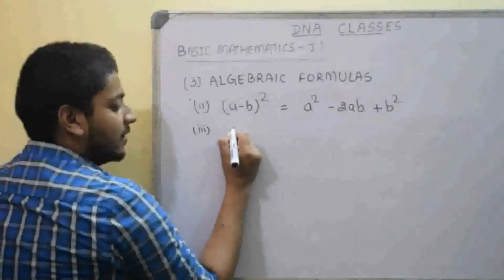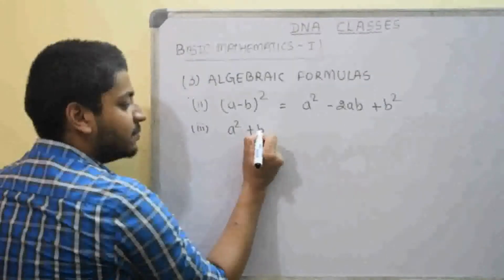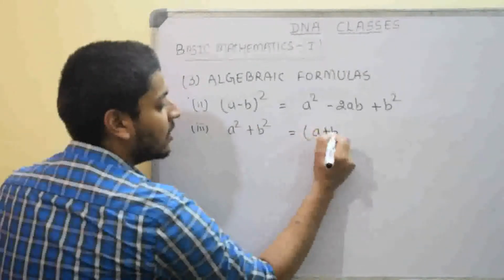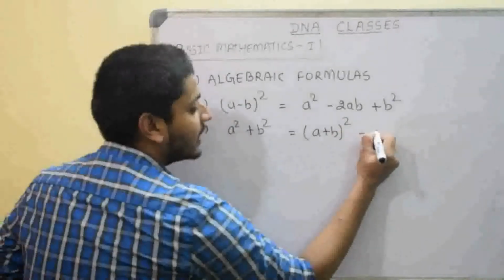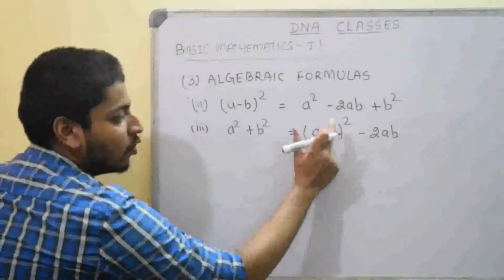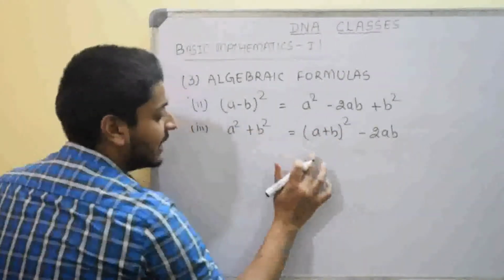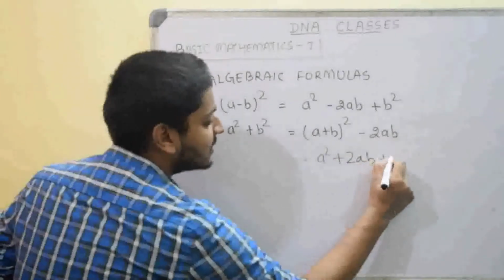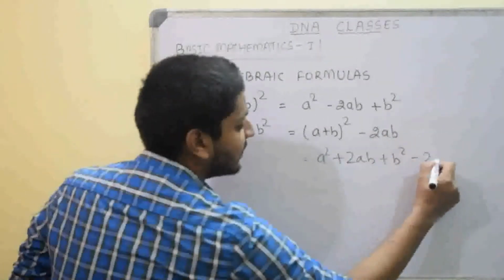Third, a square plus b square, we can write it as a plus b whole square minus 2ab. How? See, a plus b whole square, as we have seen, we can write as a square plus 2ab plus b square, and this minus 2ab.